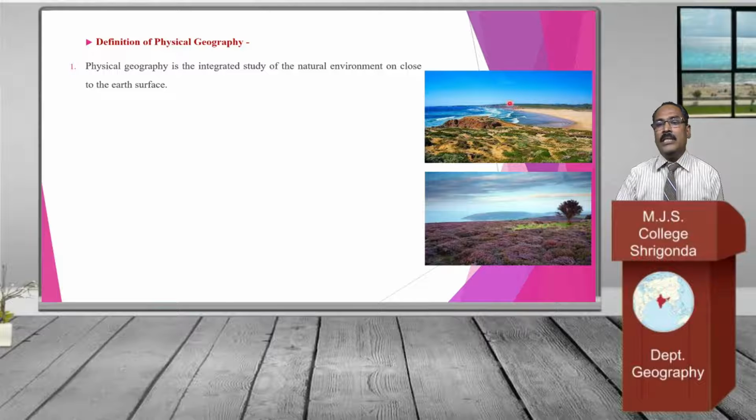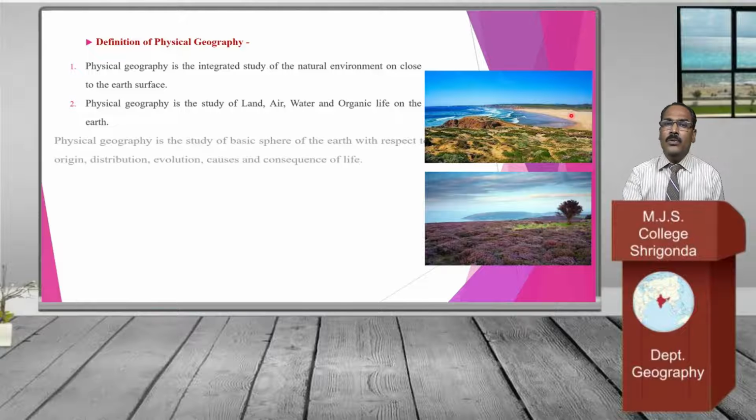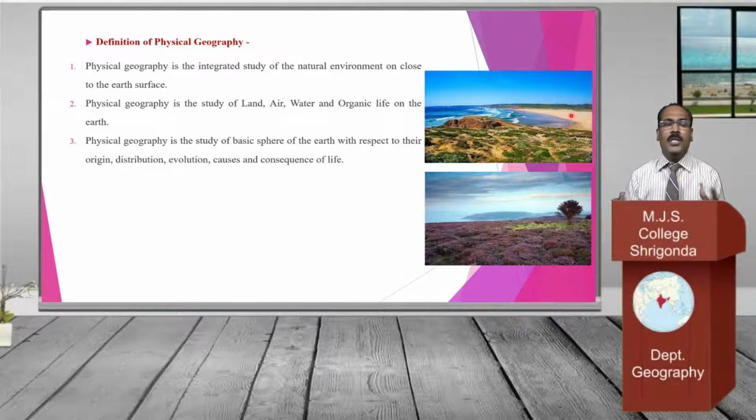Another definition, the physical geography is the study of land, water, air, and organic living on the earth. Now another definition, the physical geography is the study of basic spheres of earth with respect to their origin, distribution, evolution, causes and consequences of lives, etc.